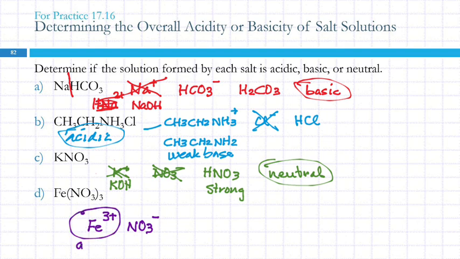This is going to act as an acid because Al3+ and Fe3+ act as acids. What about the nitrate? Well, it hasn't changed since the previous example, right? It is still from a strong acid, and so it is powerless. So this will be acidic.